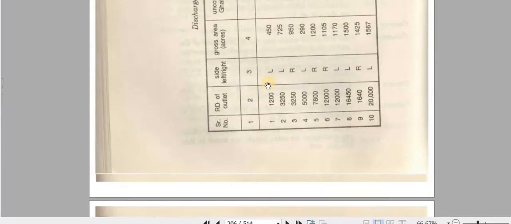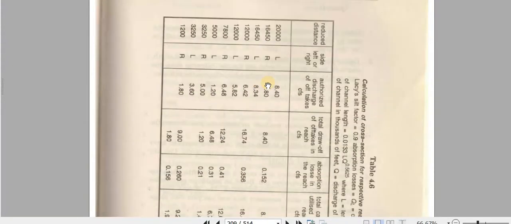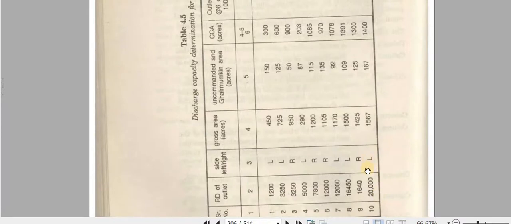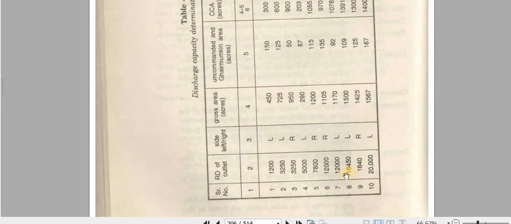So next, we will work on this table. Now from downstream to upstream, when you have to design a canal, you have to work from tail to head. At the tail we have a distance of 20,000. We have one outlet on the left side, and that is requiring 8.4 cusecs.